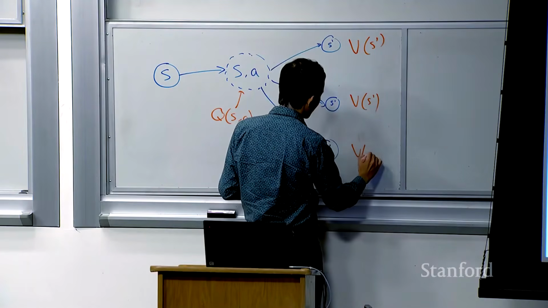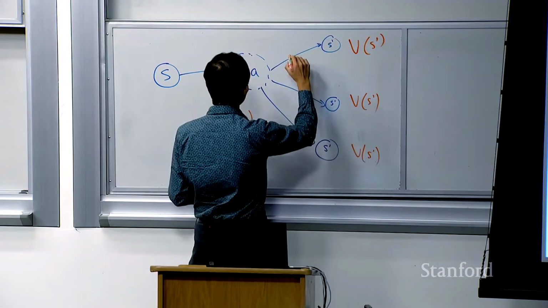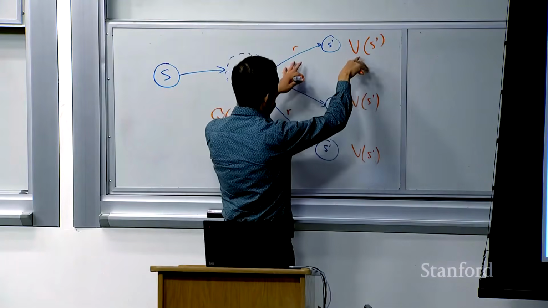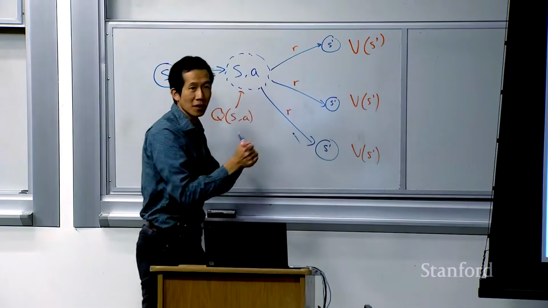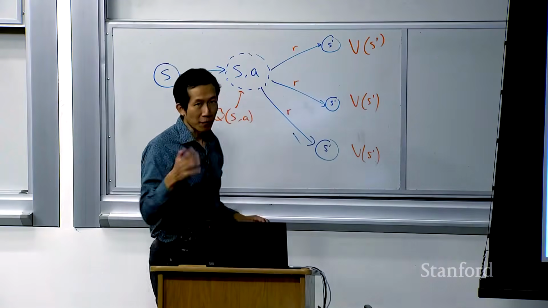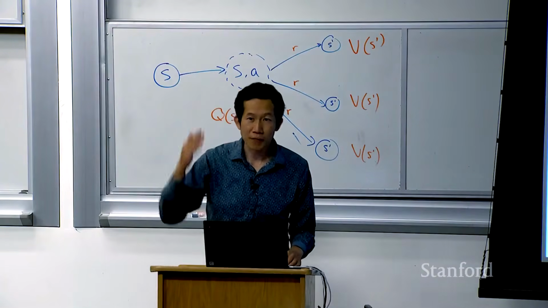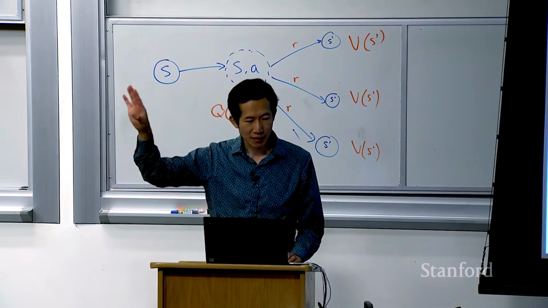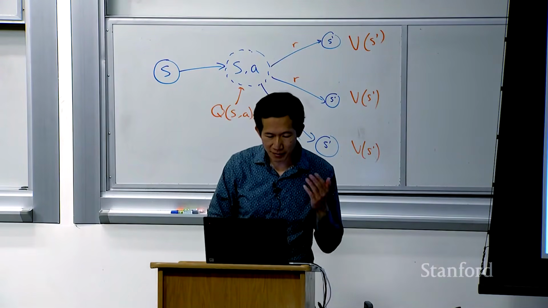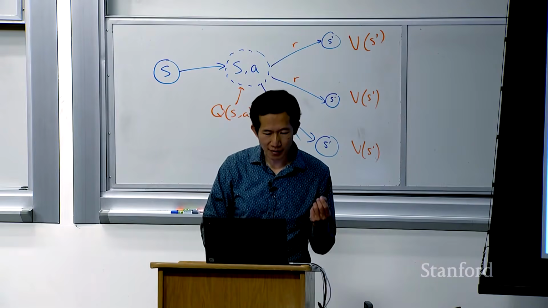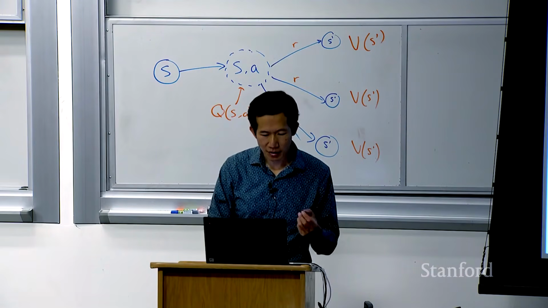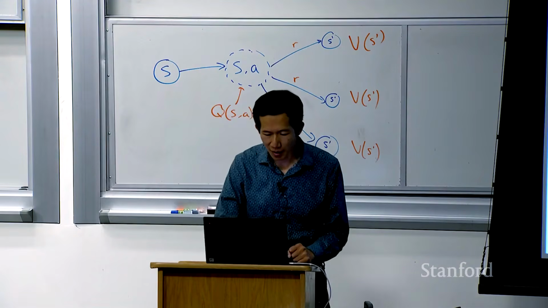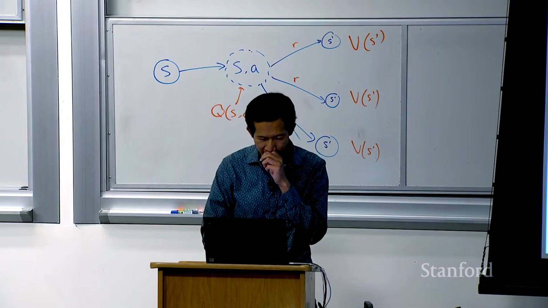So I get some reward, and then I get whatever happens afterwards. Remember in future costs, it was always you take a first step, something happens, and then there's the rest of the problem. So the first step is getting some reward, and then there's the V, which specifies how much value I'm going to get. Hopefully this will become clear with an example.